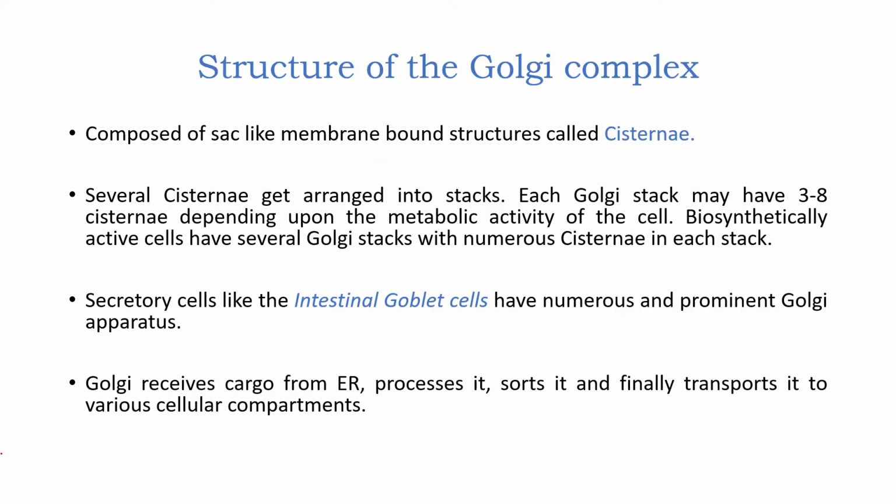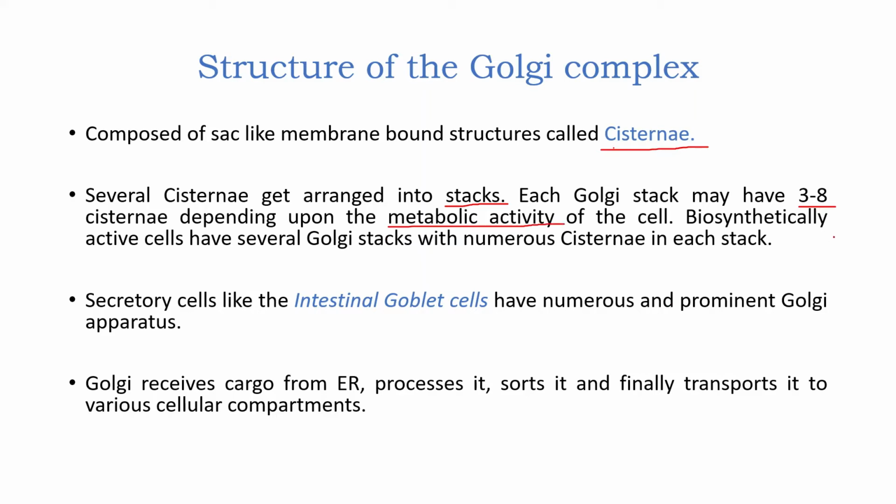Let's look at the structure of the Golgi complex. It is composed of sac-like structures called the cisternae. Several cisternae get arranged into stacks, and each stack may have 3 to 8 cisternae depending upon the metabolic activity of the cell.